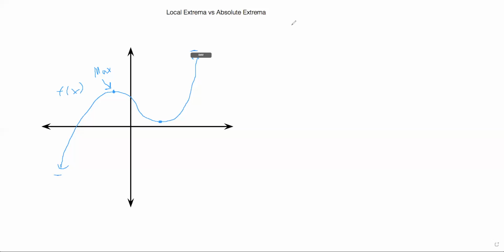So this one's a local maximum because it has the greatest y value in its neighborhood, whereas the function just continues to increase indefinitely over here.